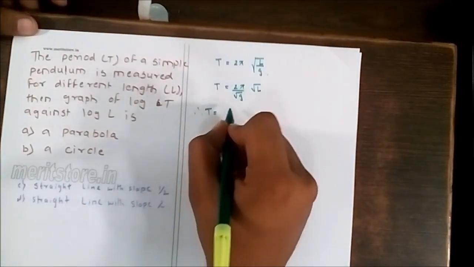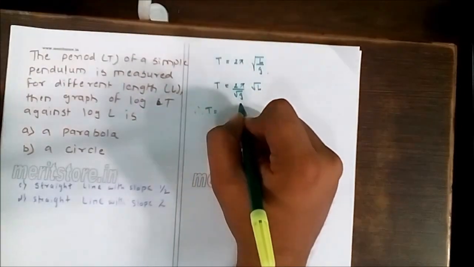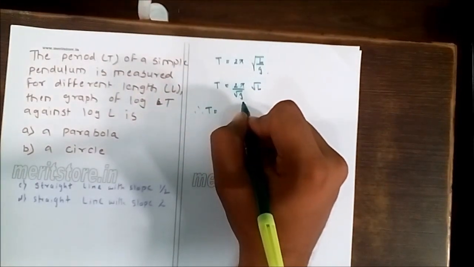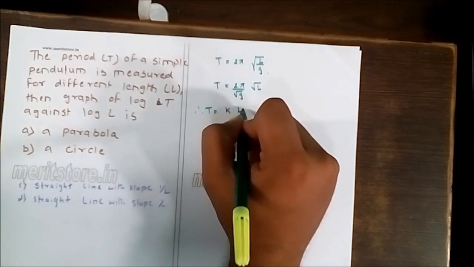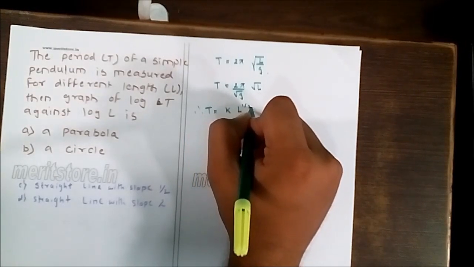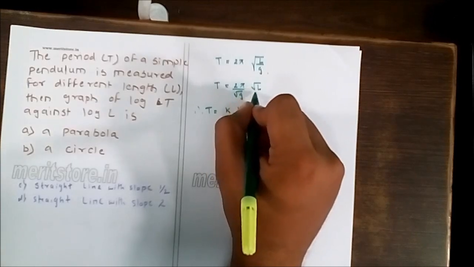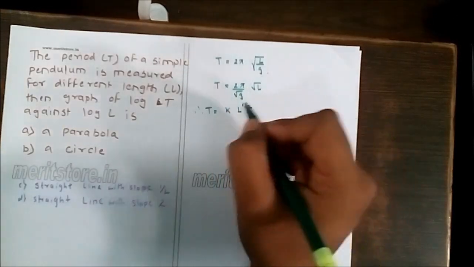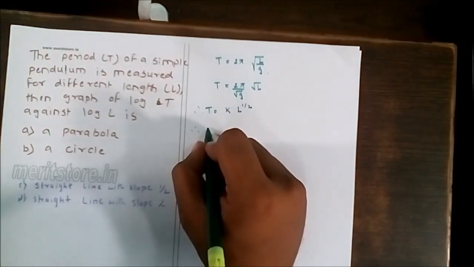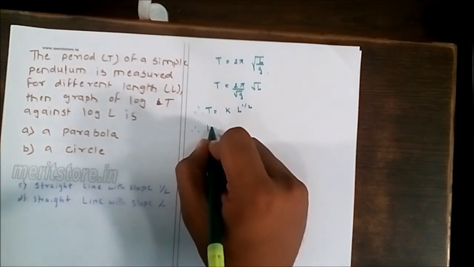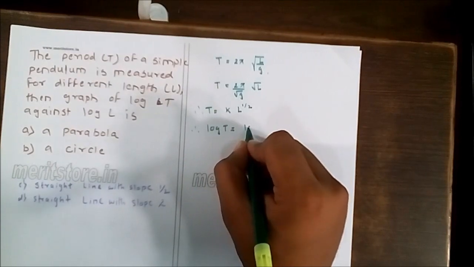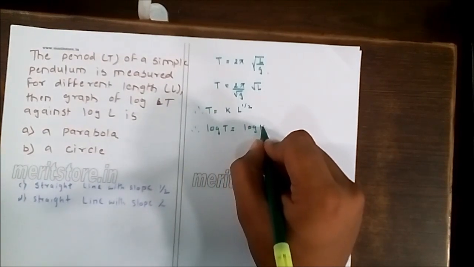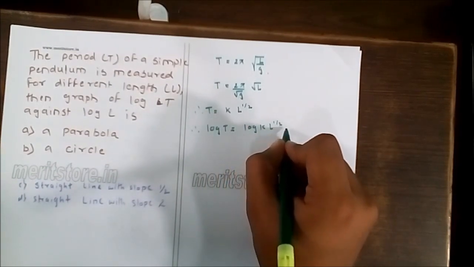2 pi upon under root of g itself is a constant, so I would replace it by K and I can write L raised to half in place of root of L. Therefore, if I take log on both sides, log T is equal to log of K L raised to half.